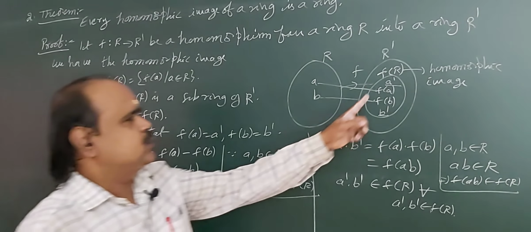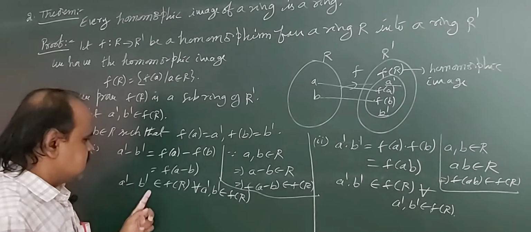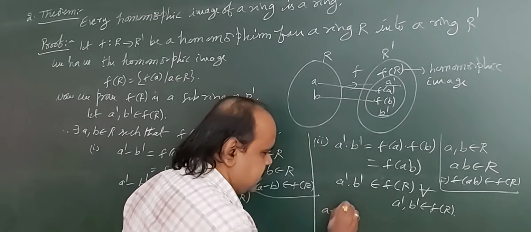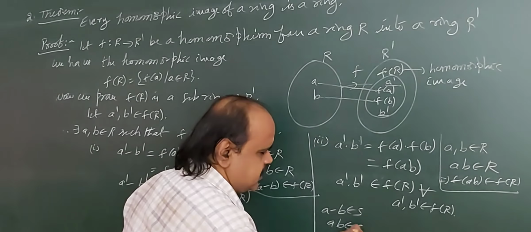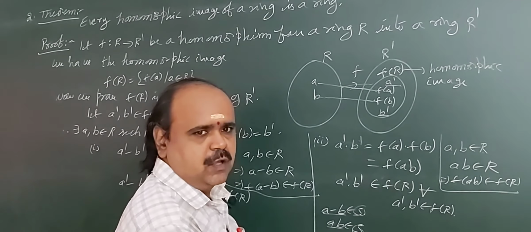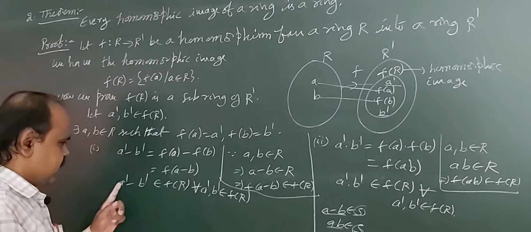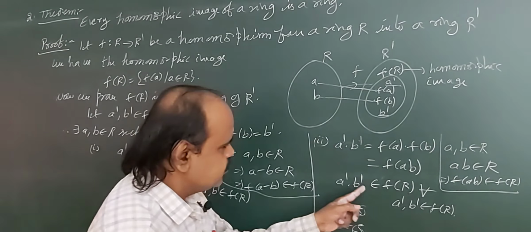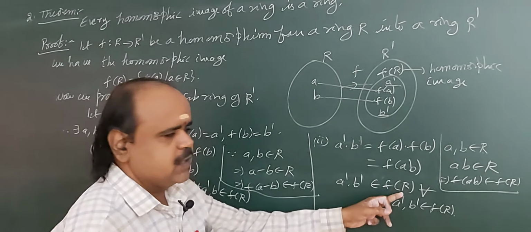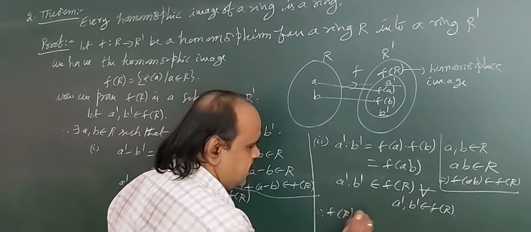Therefore, if we take any two elements a dash, b dash in f of capital R, we just proved a dash minus b dash belongs to f of capital R and a dash into b dash belongs to f of capital R. Just like we said, if a minus b belongs to S and ab belongs to S, then capital S is a subring of capital R. From these two conditions, f of capital R is a subring of R dash.